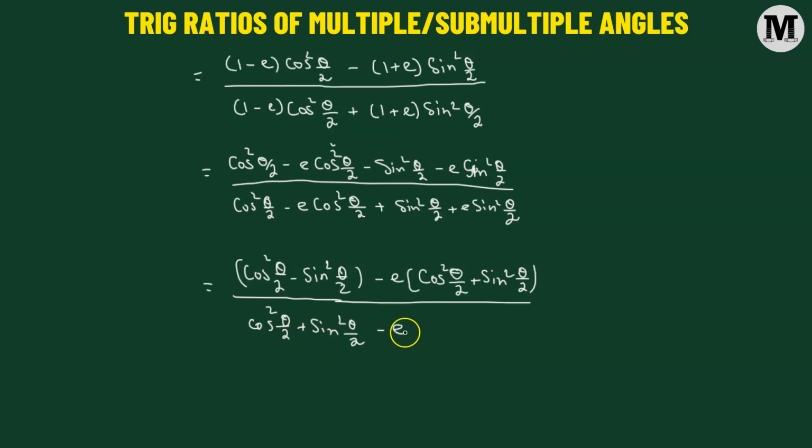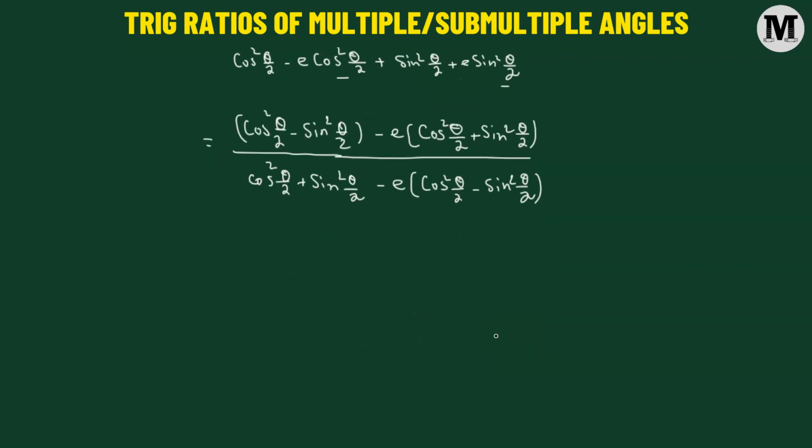If we take negative e as the common factor, we can combine the second and the fourth term in the denominator to get cosine squared theta over 2 minus sine squared theta over 2. Now, cosine squared theta over 2 minus sine squared theta over 2, that's a standard formula. This will be cosine of 2 times theta over 2 minus e multiplied to, so cosine squared theta over 2 plus sine squared theta over 2 is an identity with a value equal to 1, divided by 1 minus e multiplied to cosine of 2 times theta over 2.